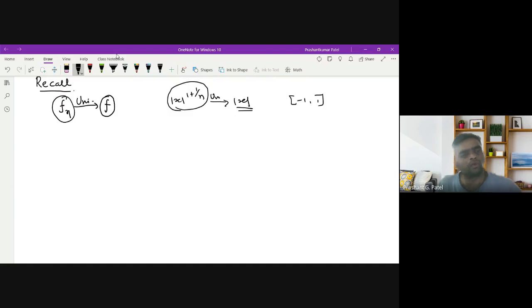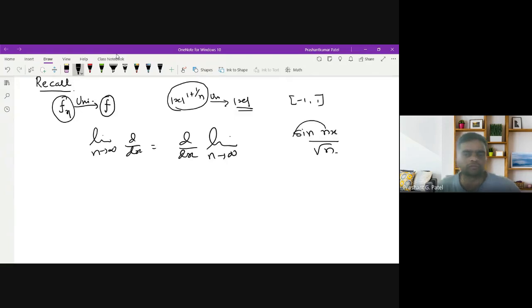So we cannot interchange the limit and the derivative sign under the uniform convergence. The example for this we have given is sine nx upon root n. This is a sequence of functions not satisfying this condition, even though the convergence is uniform.